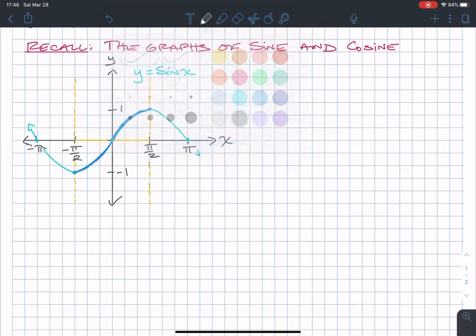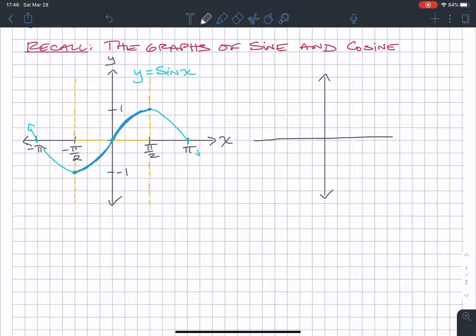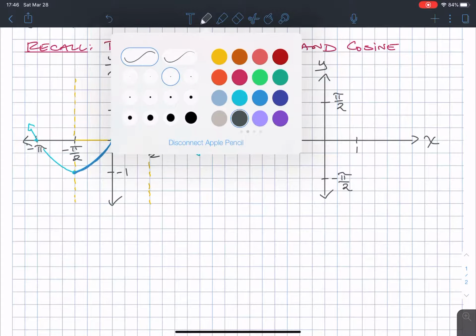So, on x and y coordinate axes, if I want to take the inverse of that portion, basically I'm swapping x and y, or reflecting that portion of the graph about the line y equals x. So now it's my horizontal axis that will have negative 1 and 1, and my vertical axis that will have pi over 2 and negative pi over 2, because I'm swapping each instance of x and y.